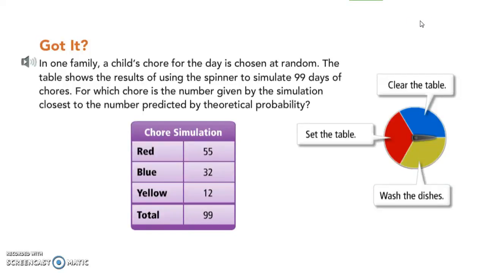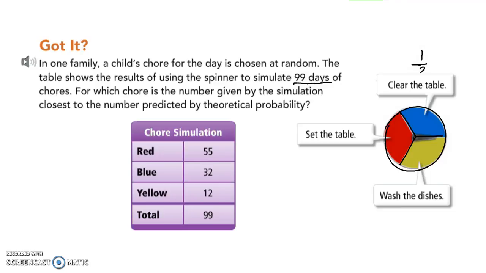Last example. In one family, a child's chore for the day is chosen at random. The table shows the results of using a spinner to simulate 99 days of chores. For which chore is the number given by the simulation closest to the predicted theoretical probability? Well, if we have 99 days of chores, what do we see? Each of these possible chores is going to be 1/3.